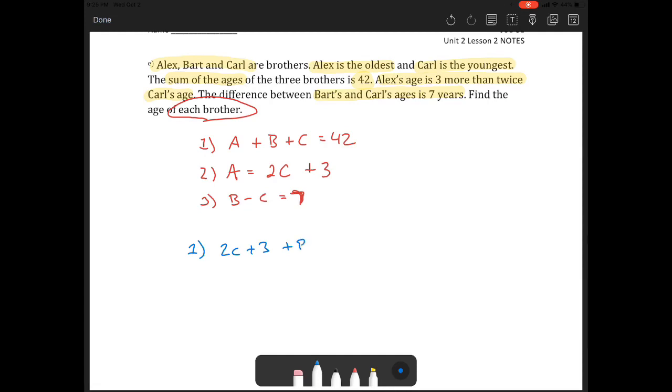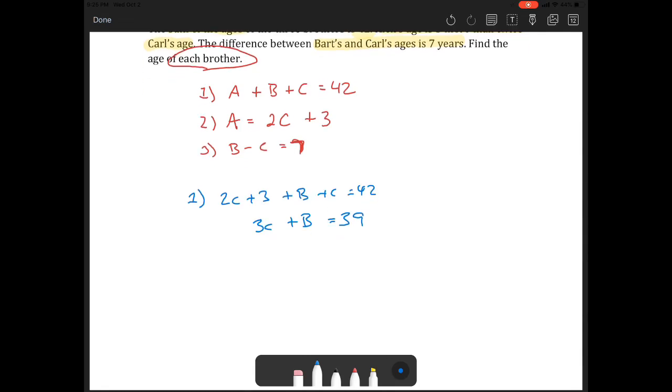And then plus B plus C equals 42. Okay, once I simplify that out, I've got 2C plus C, so that's actually going to give me 3C plus B. And then my 3 is going to go to the far side, which will give me 39. If I reorder this a little bit to match my third equation, I'm going to switch it and just make it B plus 3C equals 39, because all that did was switch these back and forth.